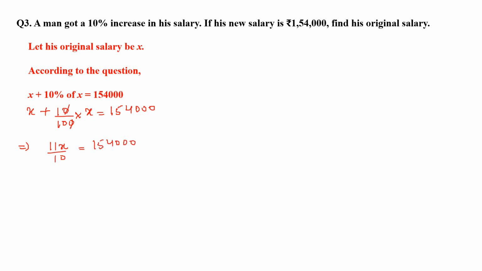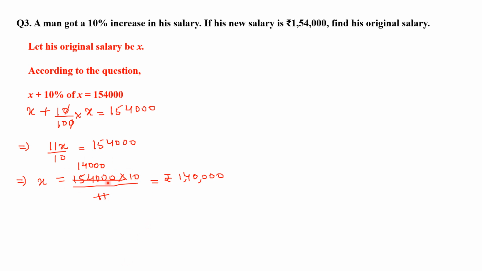Now transpose everything to the right hand side, so it will be 1,54,000 multiplied by 10 divided by 11. Now reduce it from the 11 table, you will get 14,000, and 14,000 into 10 will give you 1,40,000. So his original salary was 1,40,000, which increased to 1,54,000.